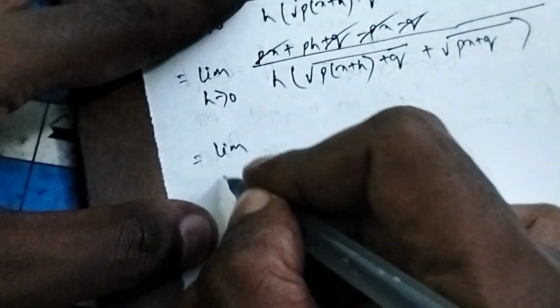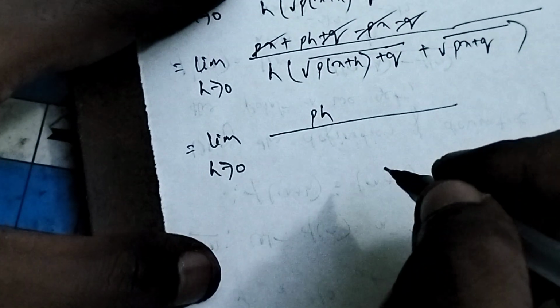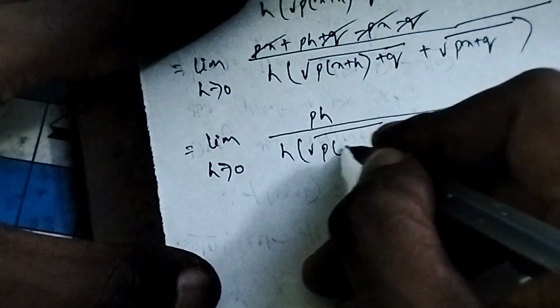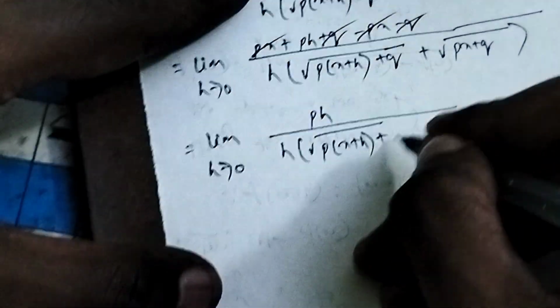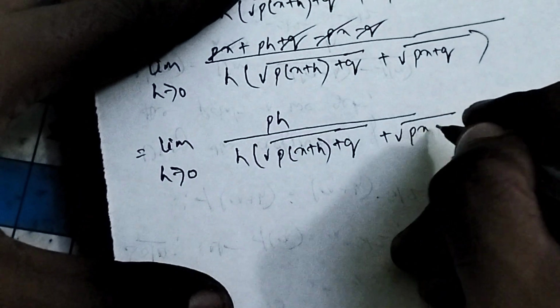Limit h tends to 0 ph, h into under root p into x plus h plus q plus under root px plus q.